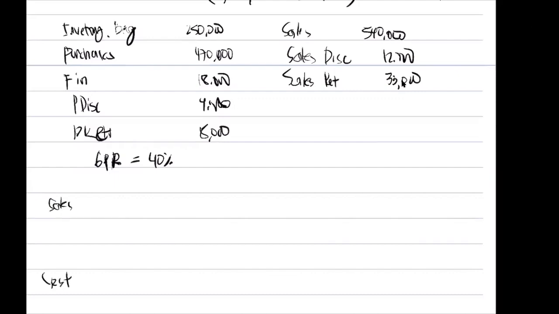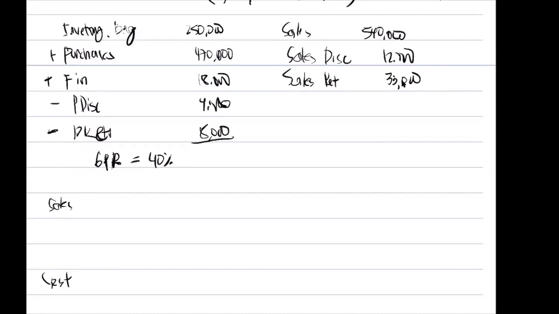So first we compute for your total cost of goods available for sale. To compute for your total cost of goods available for sale, the same ba rin, di ba? Inventory beginning plus purchases plus freight in less discount less returns. So how much is our total inventory?